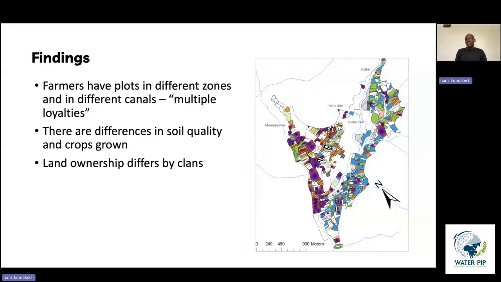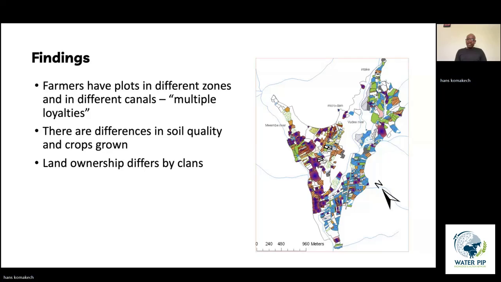But in addition to that, you have plots in other canals as well. So if you see the colors on the right-hand side and left side, some colors are the same, meaning that there are multiple loyalties in terms of access to land. But these lands are also in different locations in terms of soil quality and the possibility of crops growing there.